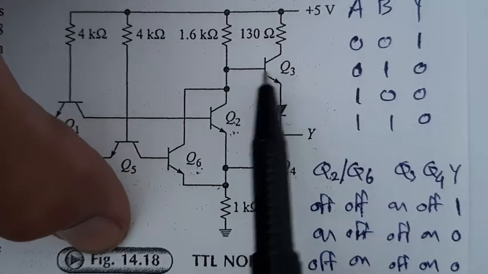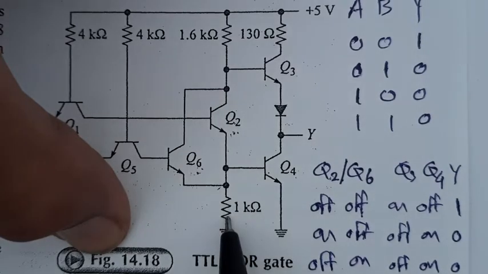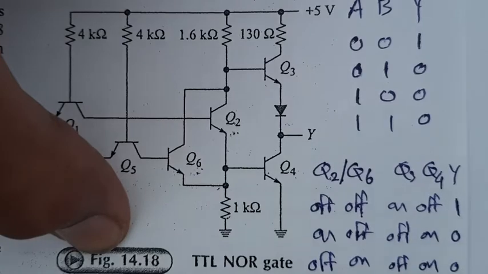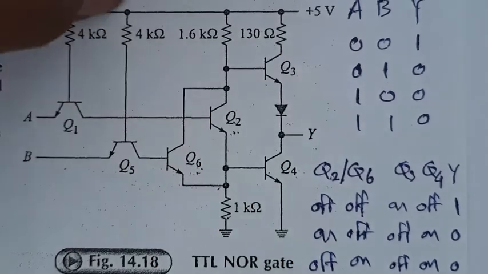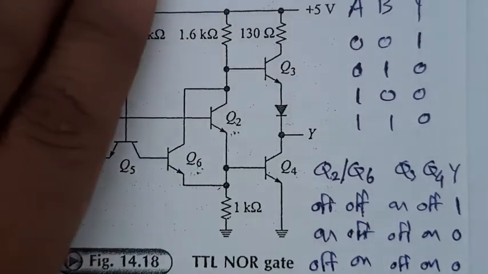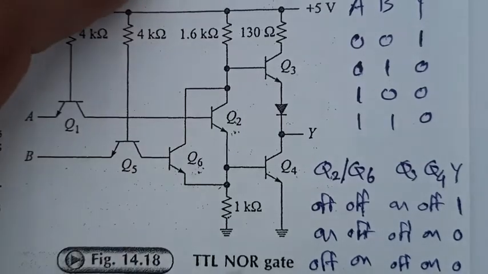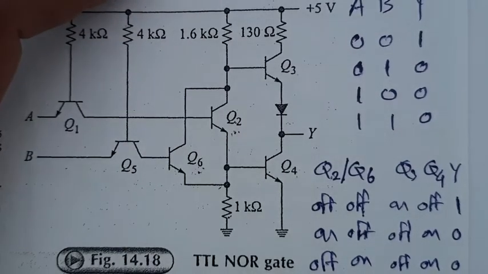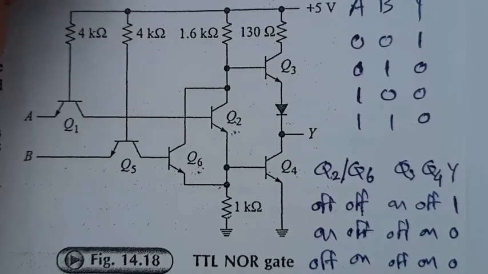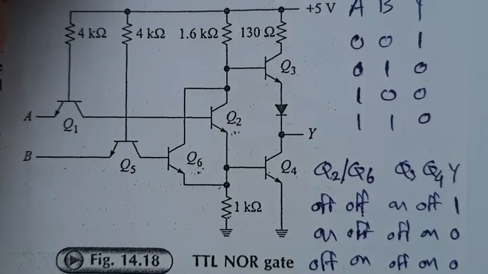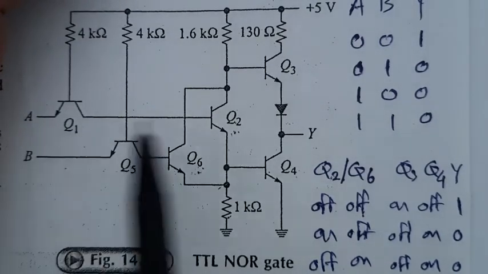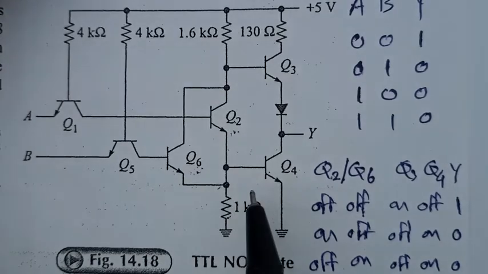The base of transistor Q3 will be pulled down through both Q2 and Q6 and therefore it will be off and the output will be 0. It is fine. But who will drive Q2? The interesting thing is that Q2 is driven by Q1 whereas Q6 is driven by Q5. This is Q5 which drives Q6 and this is Q1 which drives Q2.